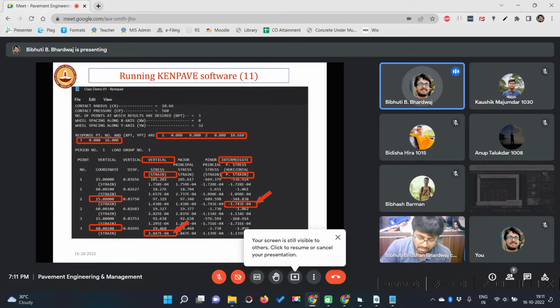So our maximum vertical strain is 284.7 and maximum tangential strain is 174.3. Now next, after knowing this, what is the next step? We'll tell.